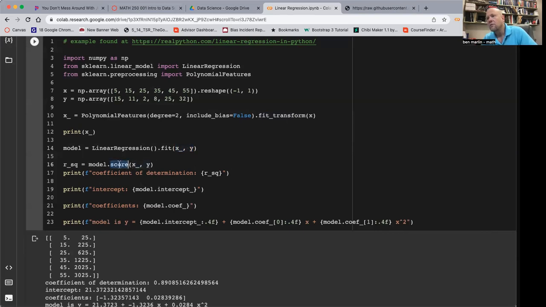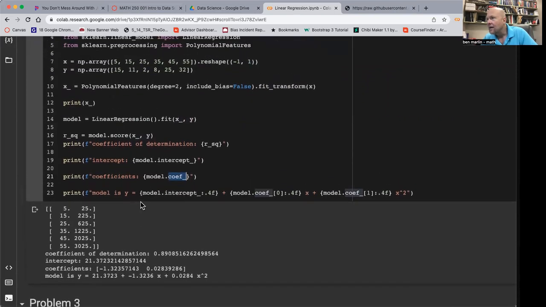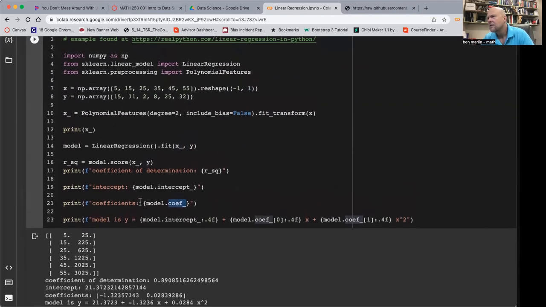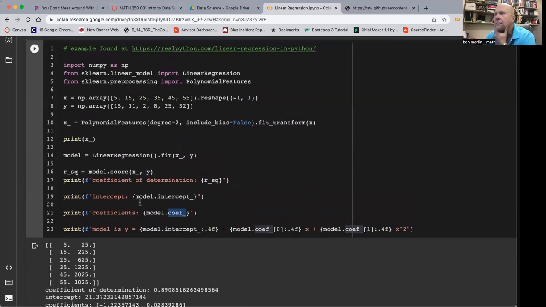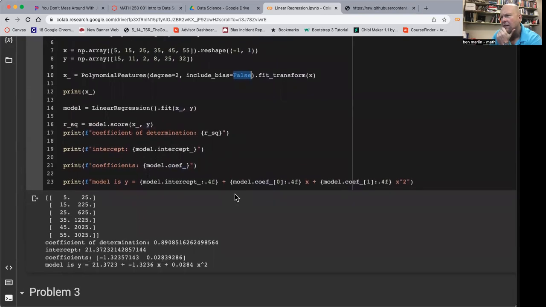Then, like before, we can get the score, the intercept, and the coefficients. And when we see those printed out here, I am mystified. I have said to include bias equal false, and so the intercept didn't turn out to be 0 like I thought.